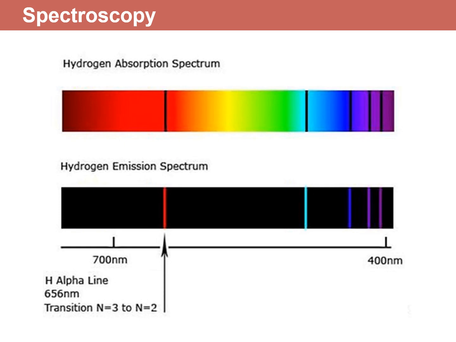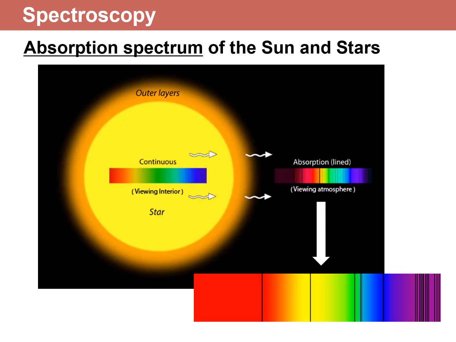We can also tell what temperature the star is by what type of radiation it emits and where it peaks. We can tell its temperature without even leaving the Earth. It's amazing that you can do it with this kind of spectroscope. Okay, so there are three types of spectra: the continuous, the emission, and the absorption.